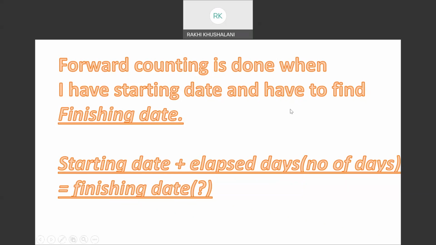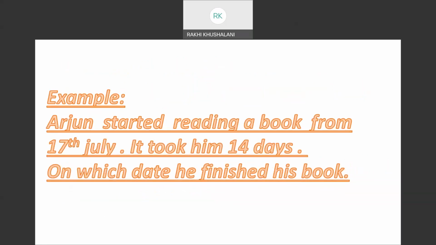Now let's see more examples, children. Forward counting is done when I have a starting date and have to find the finishing date by adding the elapsed days or duration.